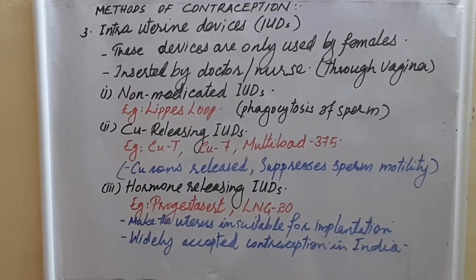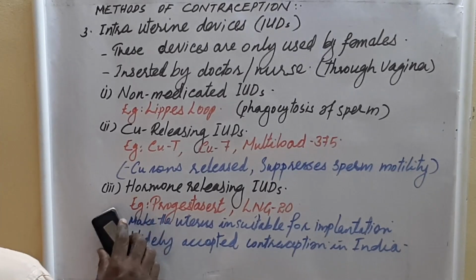Therefore, the entry of the sperms becomes more difficult, and this method is widely accepted. In order to make space between the first child and second child, that space can be increased by using this method. It is a widely accepted contraceptive option in India.